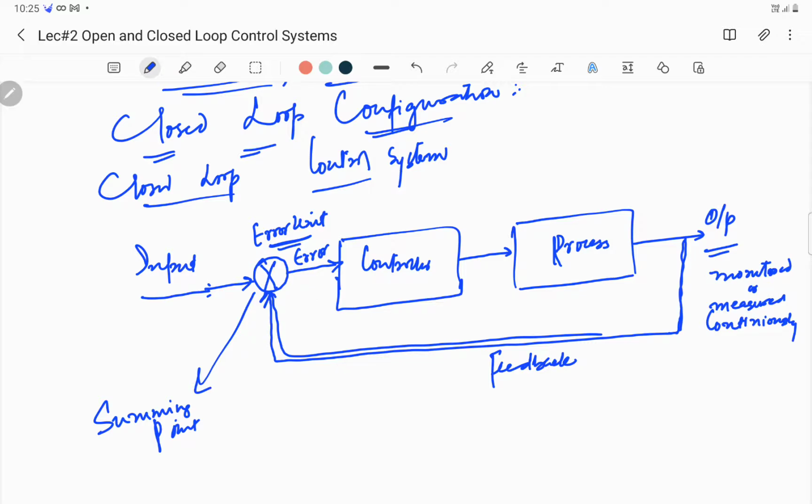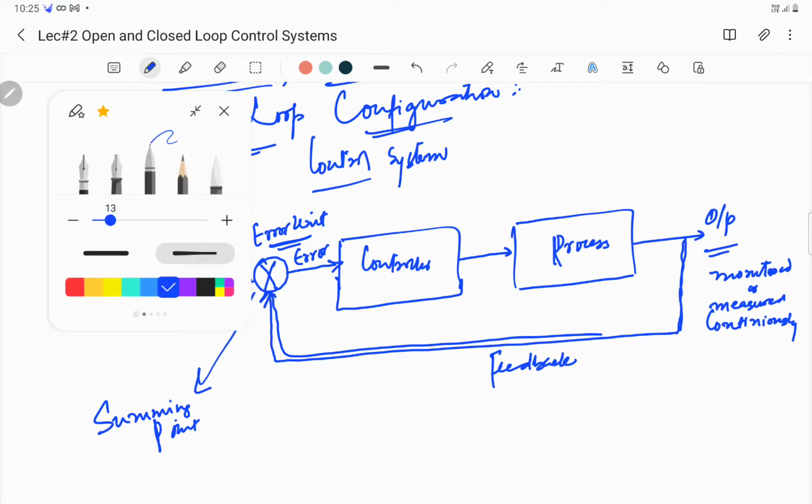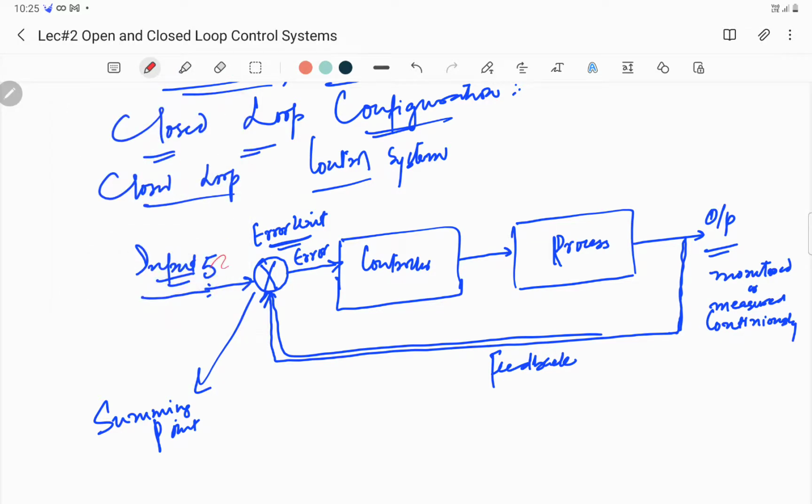So what happens, for example, in case of a lift or an elevator? The input is that we press button 5, as we intend to reach the 5th floor. The lift continues to move up. Say at some point of time it is at the 4th floor. So this signal is being fed back to the input.